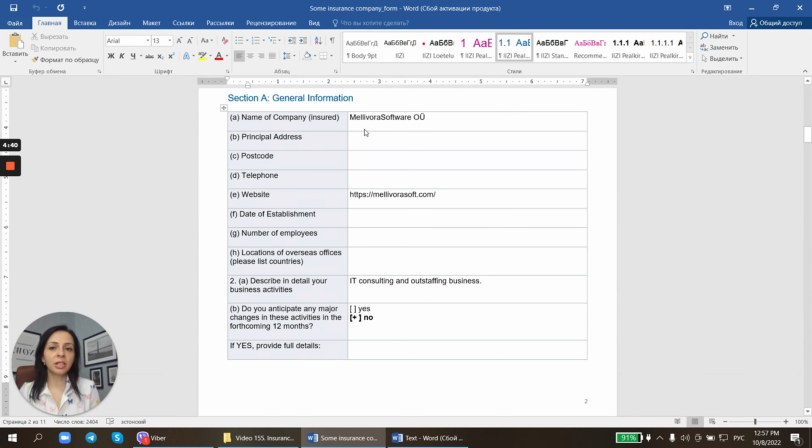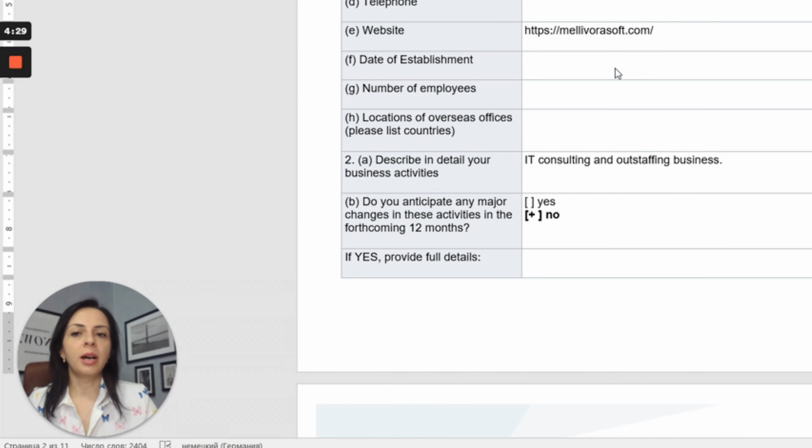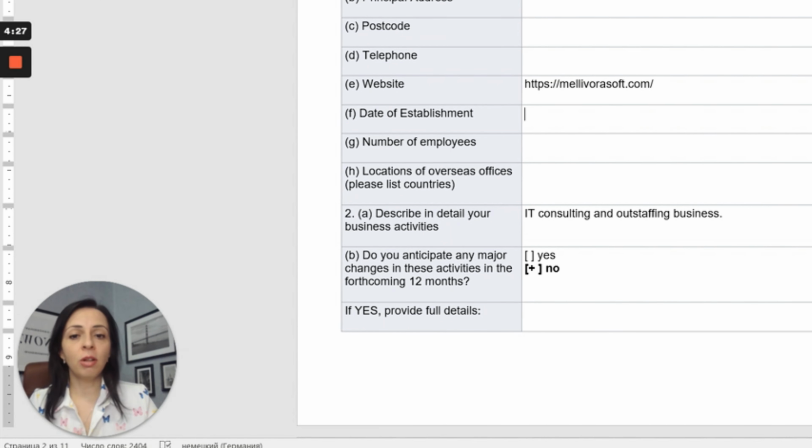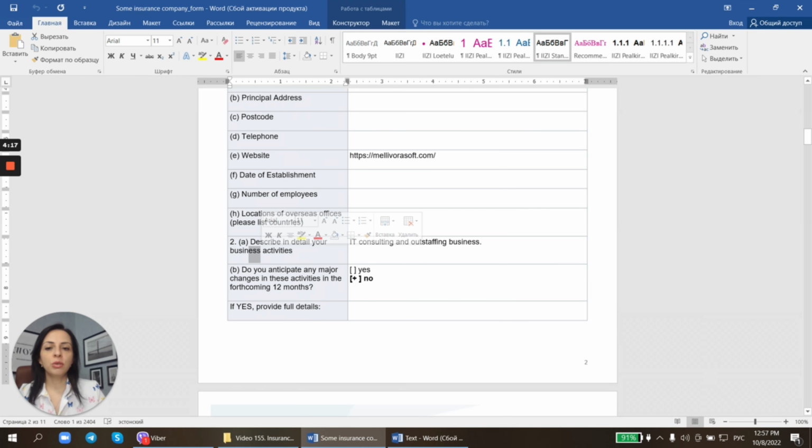Okay, so the questionnaire goes like this, and section A is general information. Basically the details about your company, where you've been registered, the postcode, telephone, website, whatever, date of establishment, that's also important. Say, if you're a new entity, not many insurer companies might want to work with you. Do you anticipate any major changes in these activities in the forthcoming 12 months?